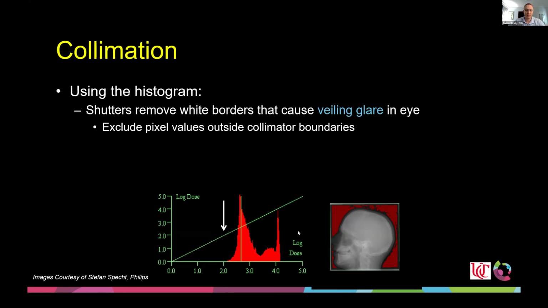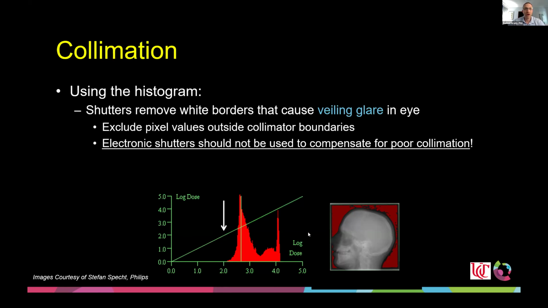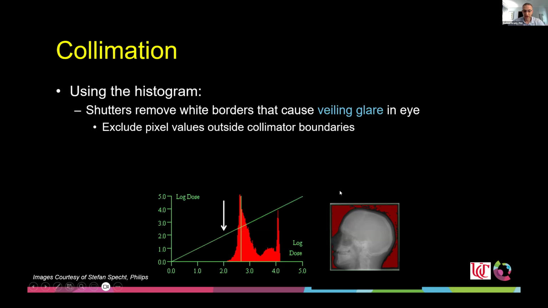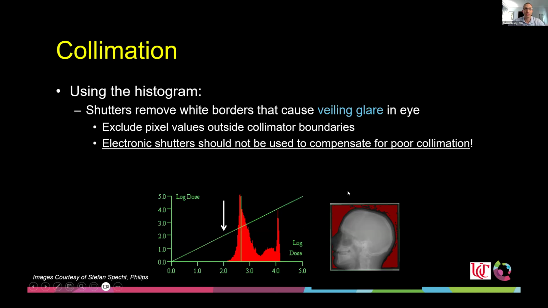Reconstructing an image with these pixels versus these pixels will change the look of the image. So collimation is absolutely important when selecting the right reconstruction algorithm on the back end, before the image goes to the radiologist.